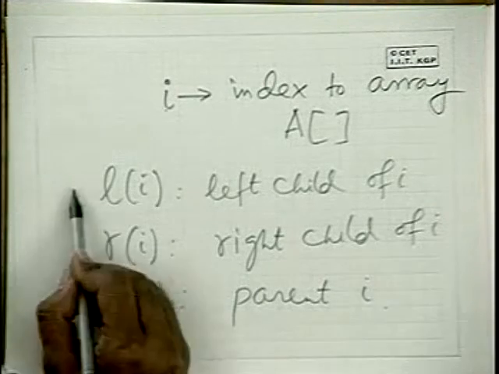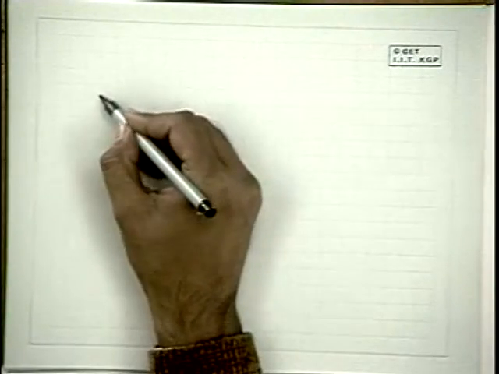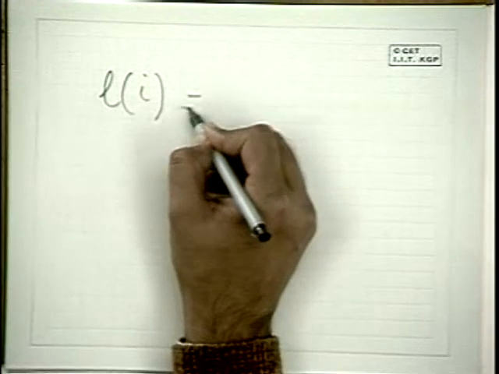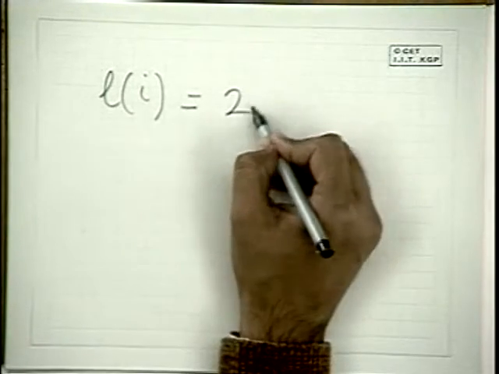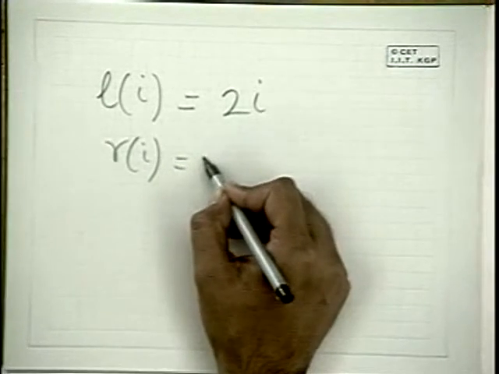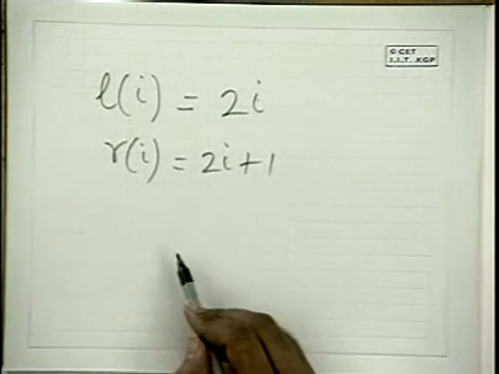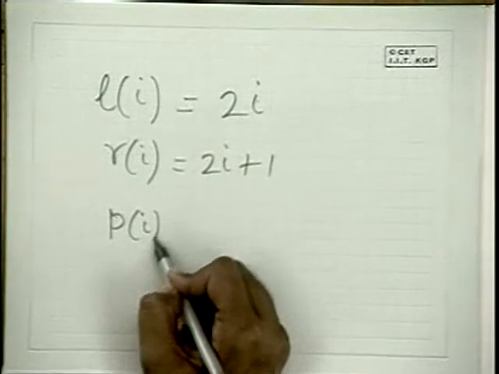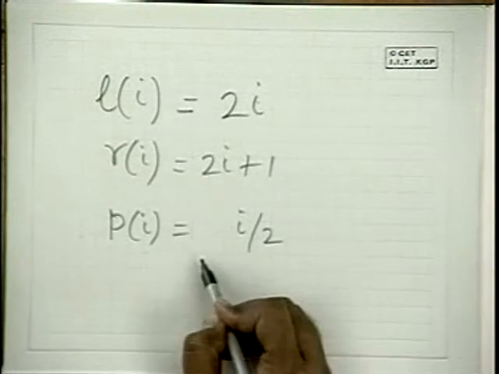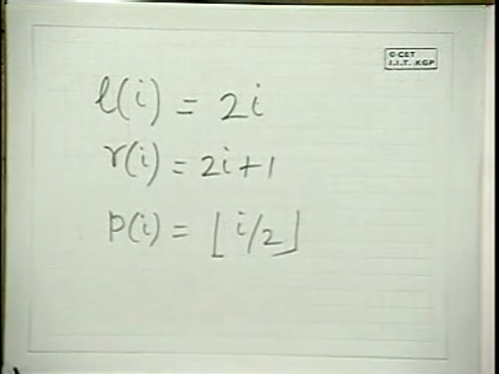Now, if i is there, how do we embed Li, Ri, and Pi? The simple formula is Li is nothing but 2i, Ri is nothing but 2i plus 1. And from these two formulas, Pi definitely follows, which is floor of i by 2. This is the notation for floor.